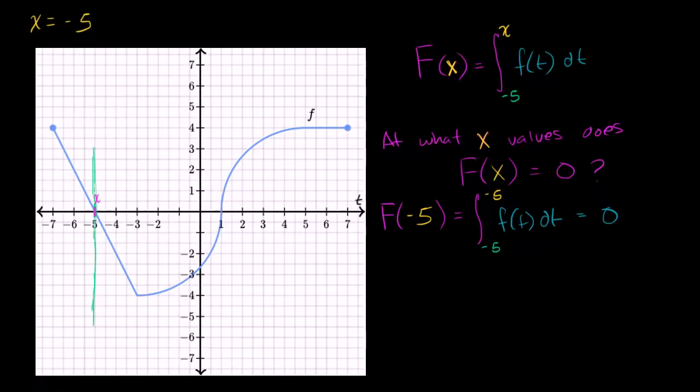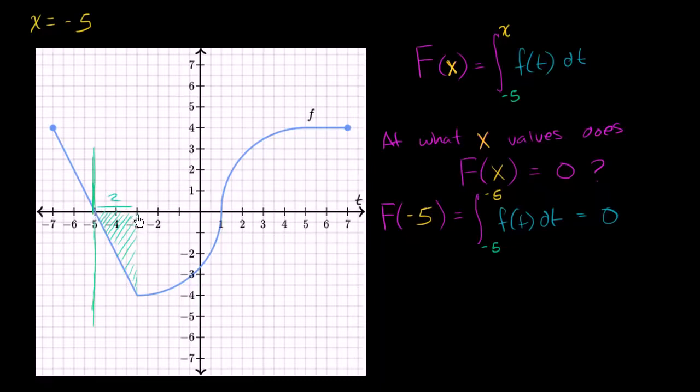So let me erase this right over here. We're starting at t equals -5. Now as x gets larger and larger, when x is equal to -3, our area, so this area right over here, is going to be, let's see, going from -5 to -3 is 2, so this distance right over here is 2.